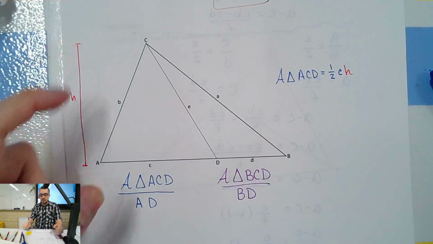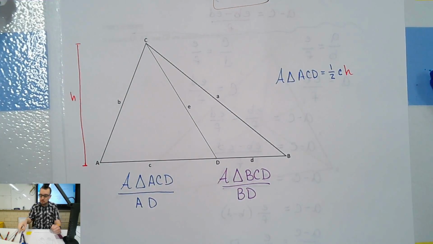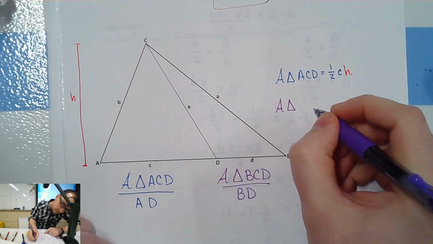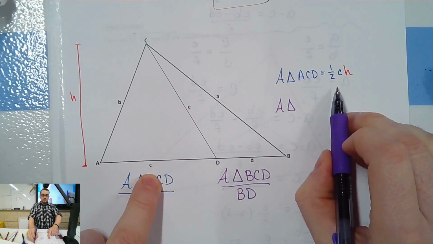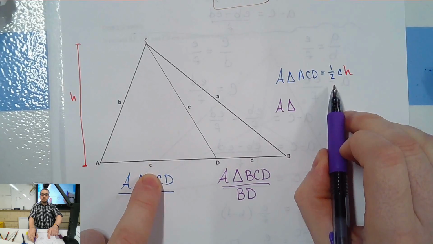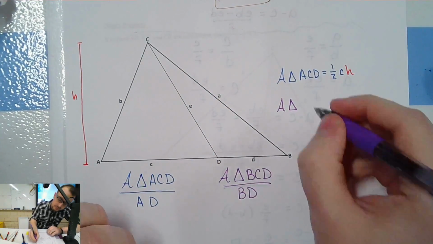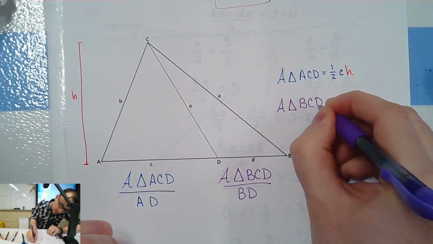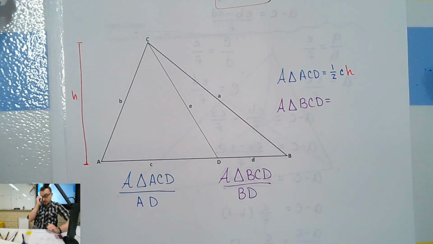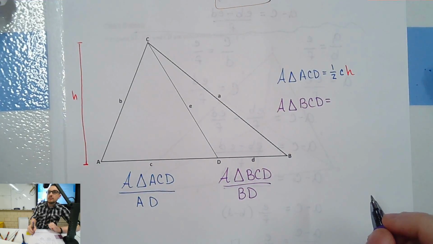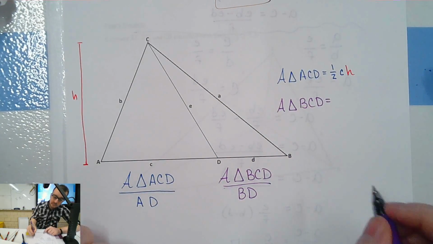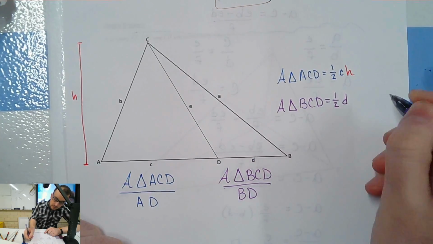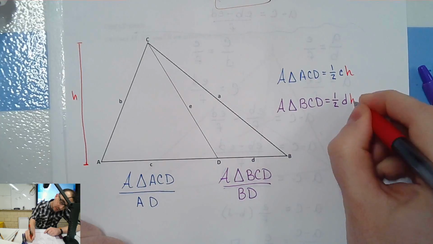Interesting. Half little c, half base times height, right? Area of this triangle, BCD, what is it equal to? Half little d times h.